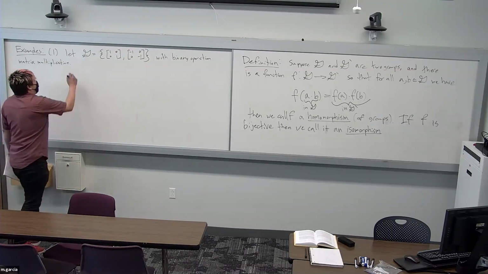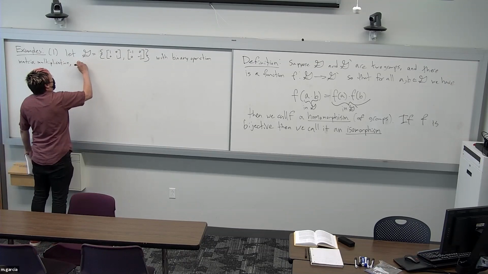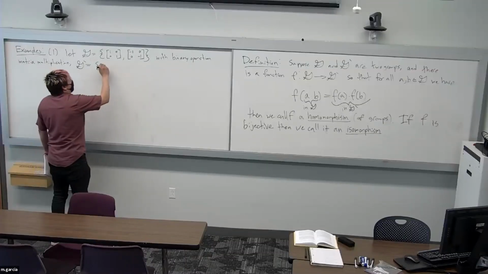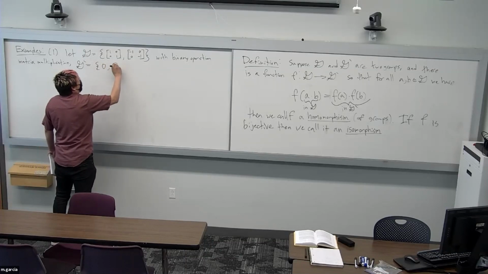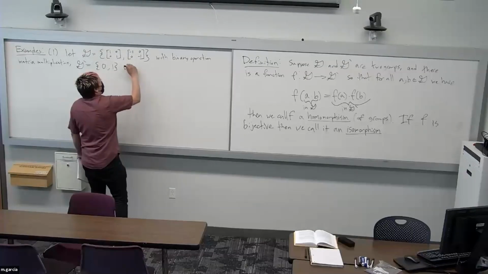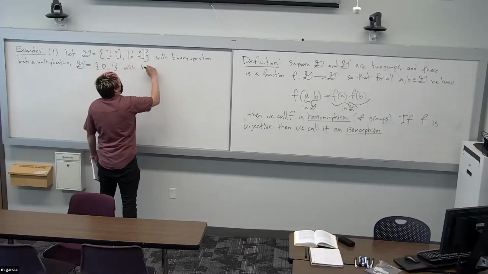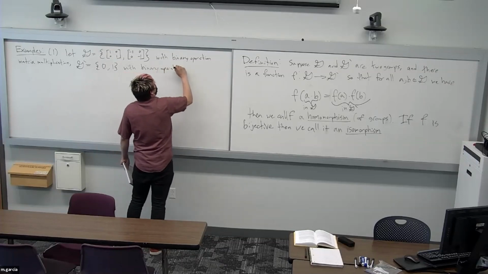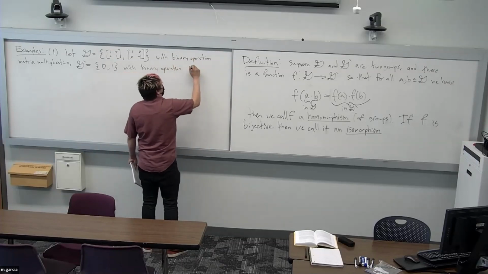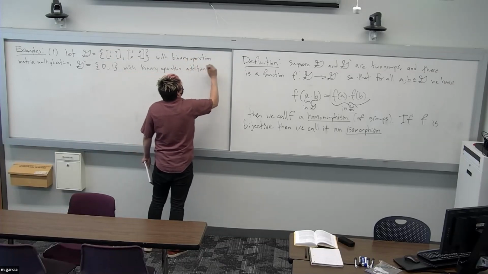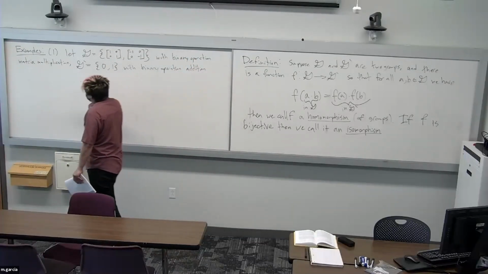Okay, and then furthermore, let's let G prime just be the set of integers 0 and 1 with binary operation, addition modulo 2.